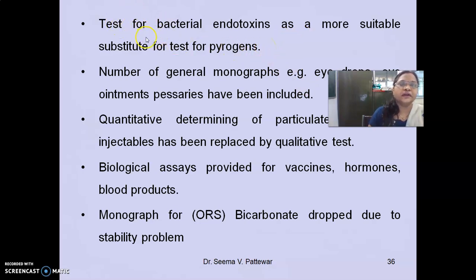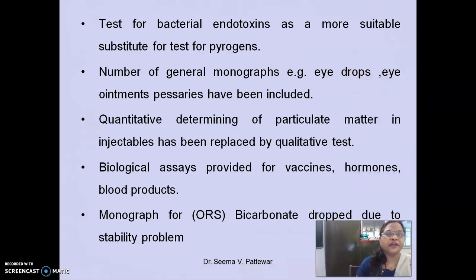So in the 1996 IP, they have used the bacterial endotoxin test, that is the LAL test, the second test, which is simple and requires less time to perform. A number of general monographs such as eye drops, eye ointments and pessaries have been included.